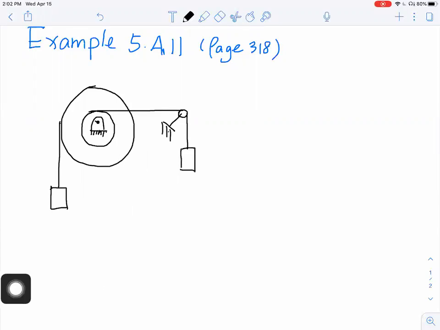And here we have a box A and a block B. Those have masses MA and MB.